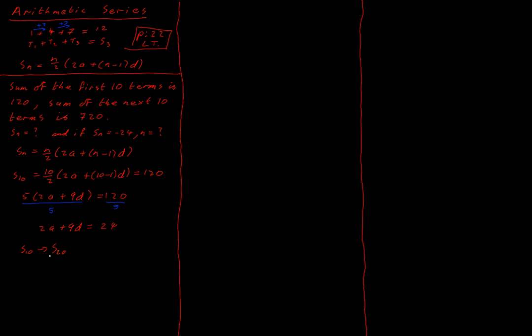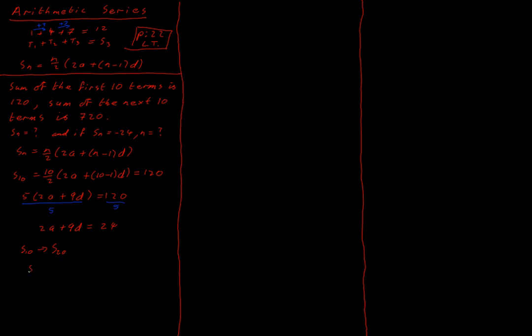But I don't have a formula for going from 10 up to 20. I only have a formula going from n is 1 up to 20. So thinking about this, I know that going from the sum of the first 10 terms up to the sum of the first 20 terms is the formula that I need.